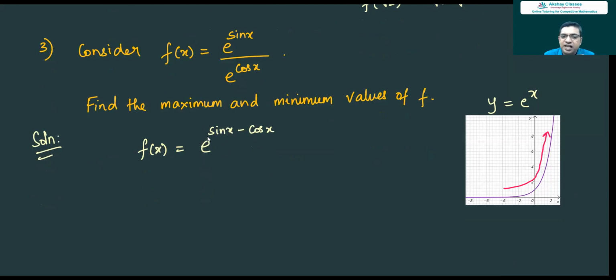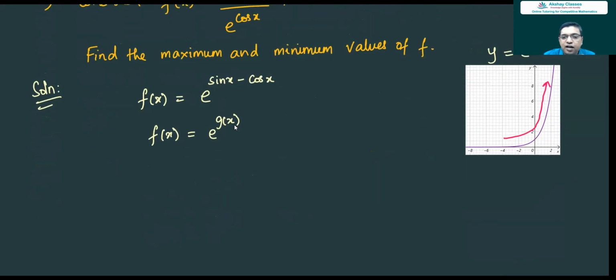Here, instead of x, we have another composite function sin x minus cos x. So, we can treat this as e power g of x. And since e is an increasing function, we just have to find the greatest value of g and the least value of g, as e power x is strictly increasing.